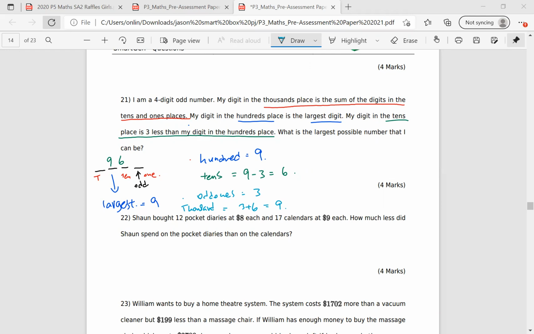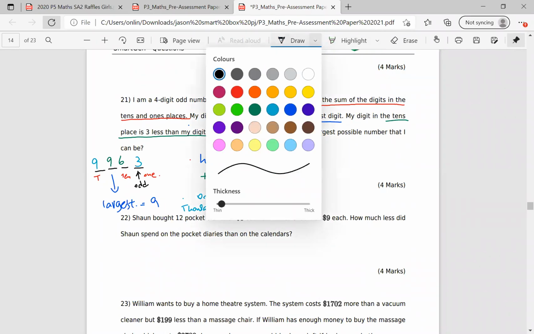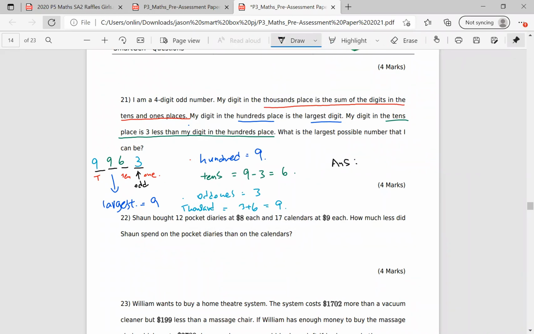So we have 9 here, and my digit here can be 3. But if they did state that the digits cannot repeat, then my current answer would be wrong because I have a repeated 9 in the thousands place and the 100 place. So the answer that I have here is 9963.